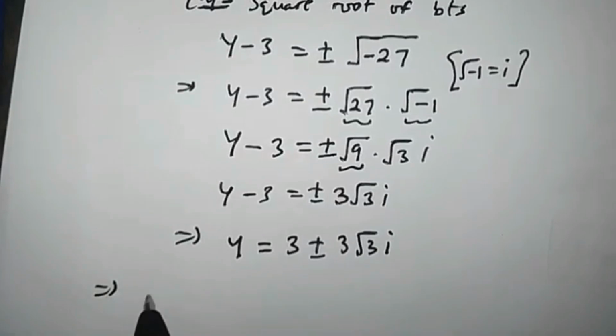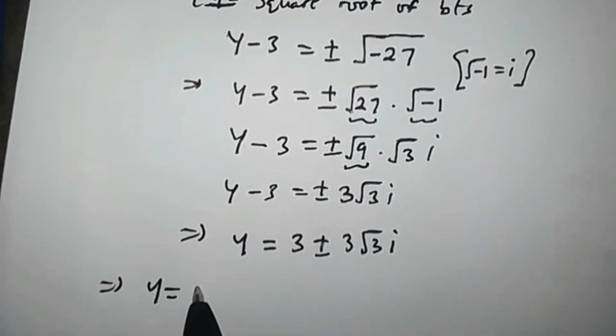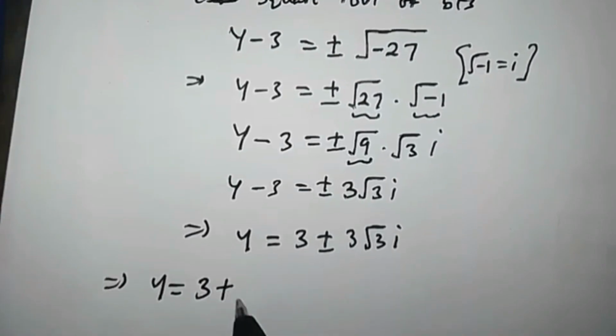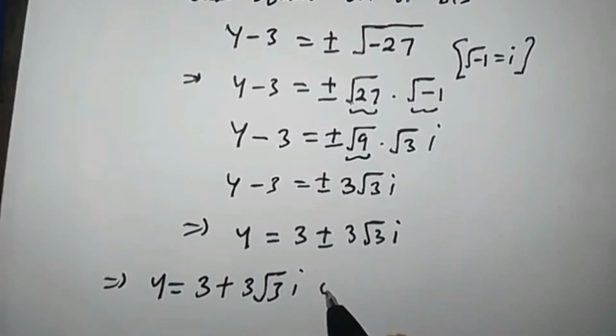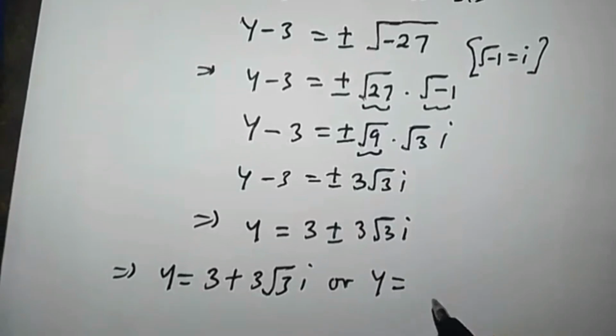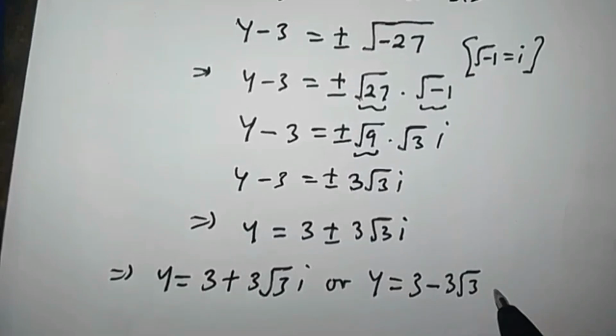This in turn gives, considering the positive sign, y equals 3 plus 3 root 3 i, or, considering the negative sign, y equals 3 minus 3 root 3 i.